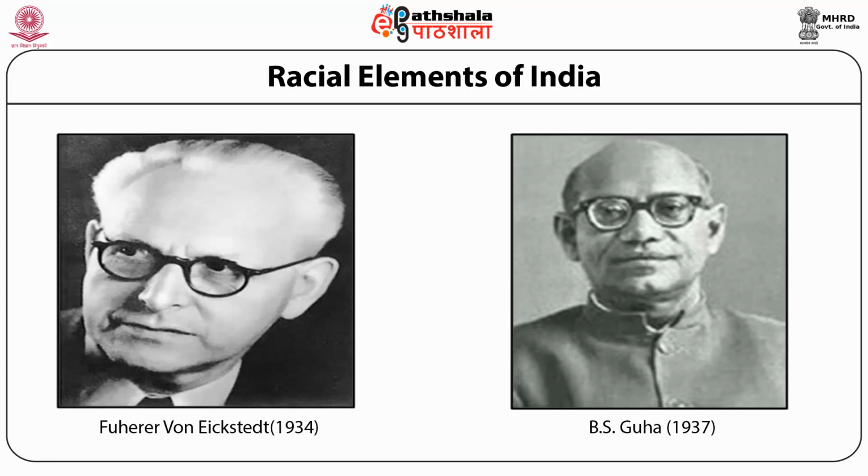Western Brachycephals are divided into three: Alpinoid, Armenoid and Dinaric. Alpinoid skin color is light, hair is dark brownish to dark, head broad, face is round, dark brown eyes and prominent nose, stature is medium.